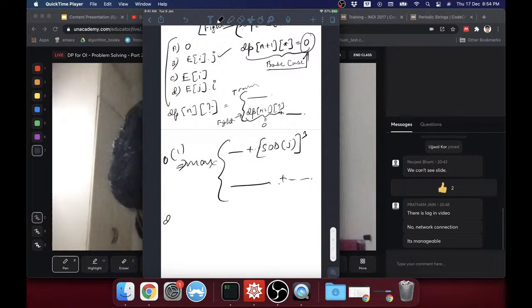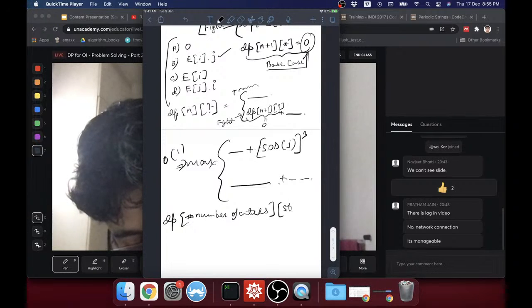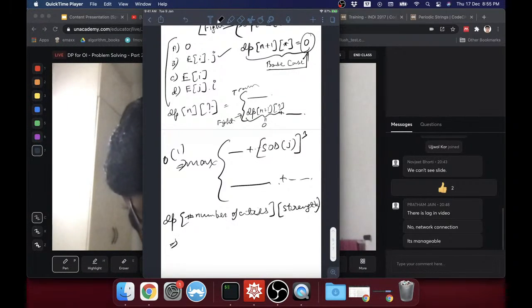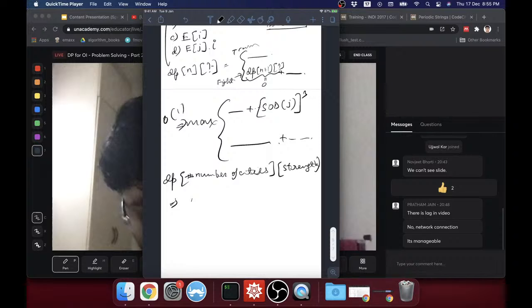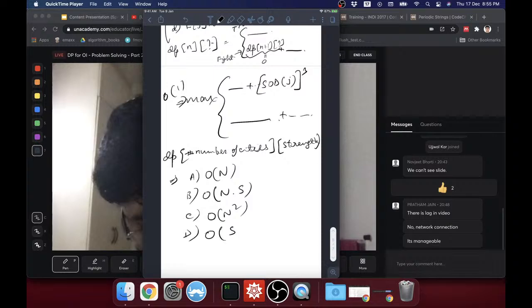Now what is your DP state? DP of number of cities times strength, which is your current strength. So can anyone tell me: option A order n, option B order n times s, option C order n square, option D order s square?